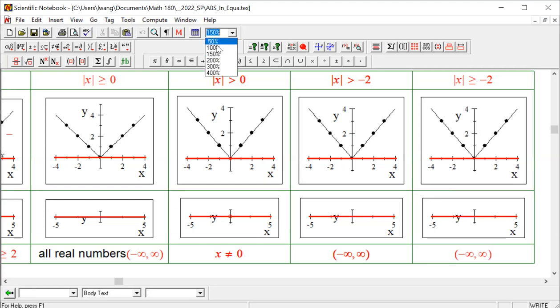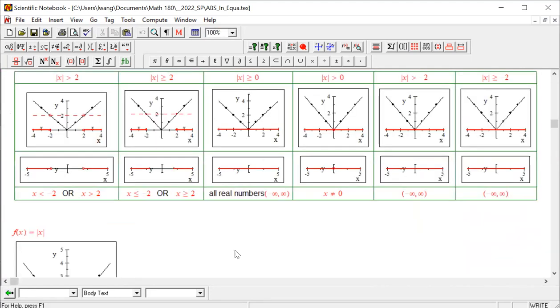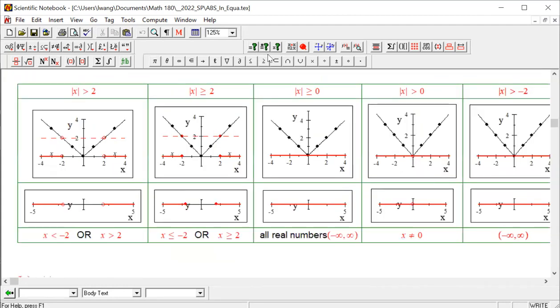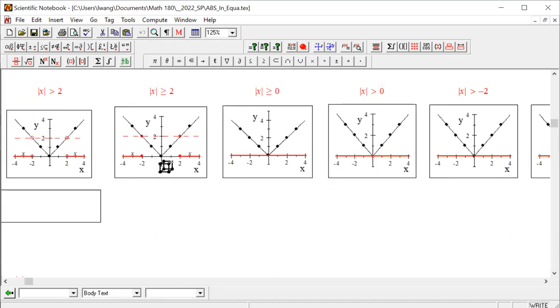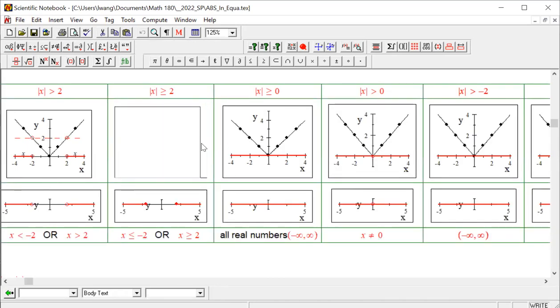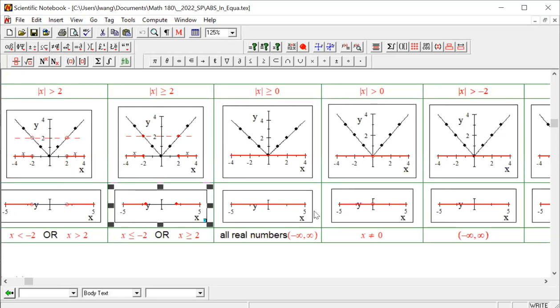Okay, so if I make it a little smaller, maybe you can see all the cases. Maybe the negative sign is not very clear. Is that better? Let me make them a little narrower so you see all the cases for your comparison.